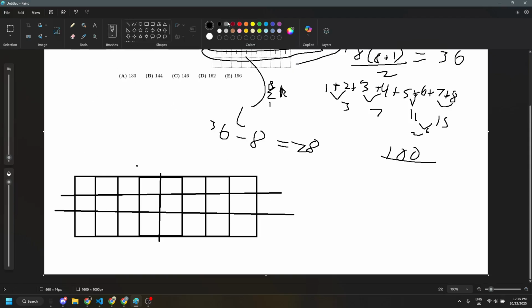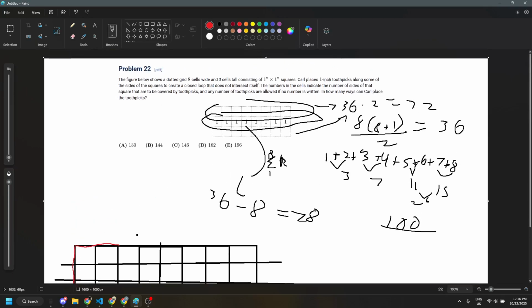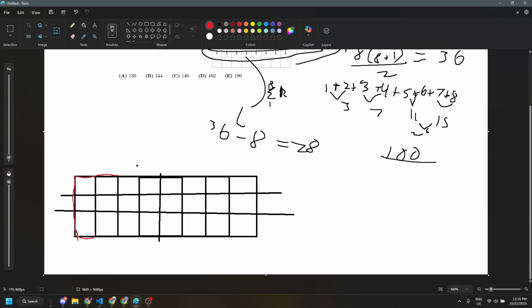What we can have is we can go like across. Why am I using maroon? I think that's almost a totally valid configuration. Because all of them have to be, is that the number of sides that are to be covered with toothpicks? So at least one has to be covered.